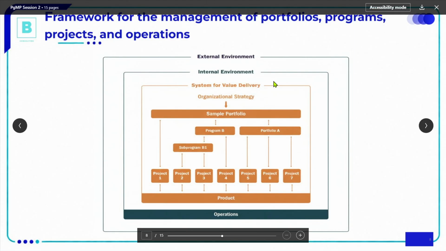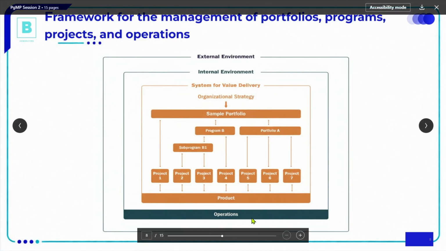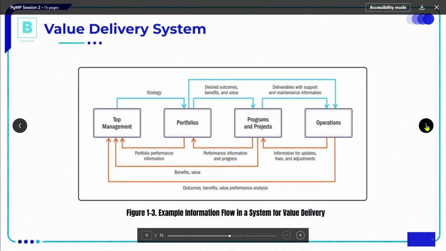That system for value delivery could fit within a program or within a product's life cycle, since these projects will give products or components of a product, and all of that is supported by operations, to make sure that the status quo is maintained and to support business as usual. All right. So this is an entire system for value delivery we covered in detail. Of course, now I'm only giving a summary.